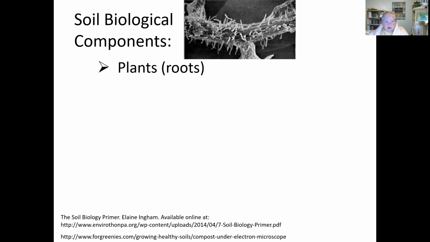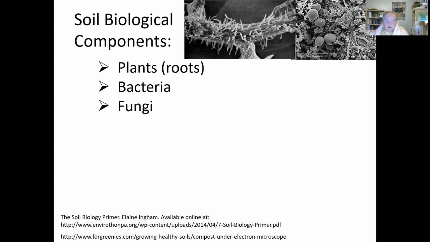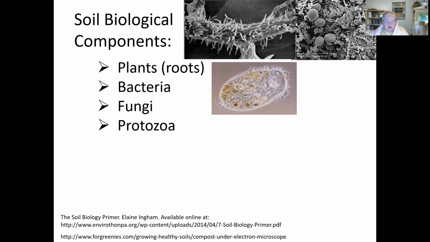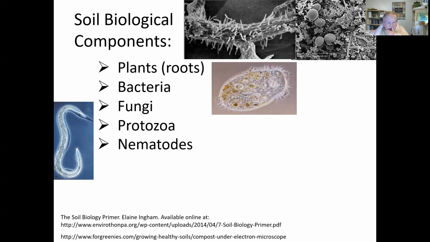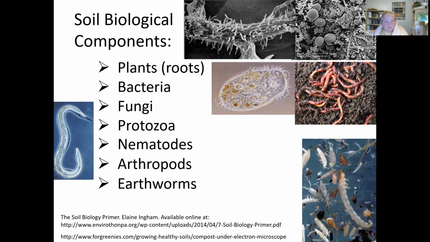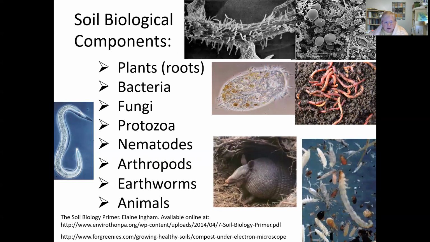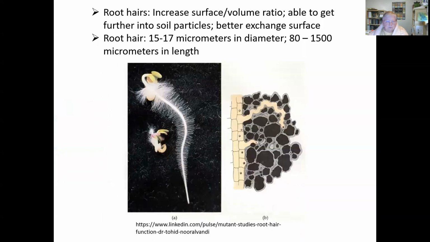The soil biological components include the plants, including the roots, the bacteria and fungi, the protozoa, nematodes, arthropods, earthworms, and animals. All of these function within the soil and add to the soil function.